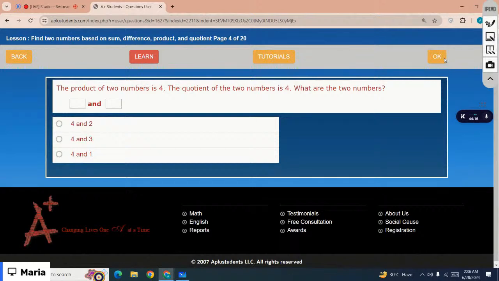The product of two numbers is 4, and the quotient of the two numbers is 4. What are the two numbers? Which two numbers, when multiplied, make 4 and when divided, make 4? Which is the correct option?